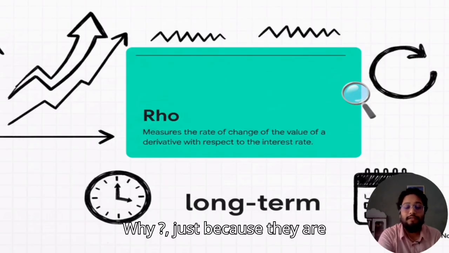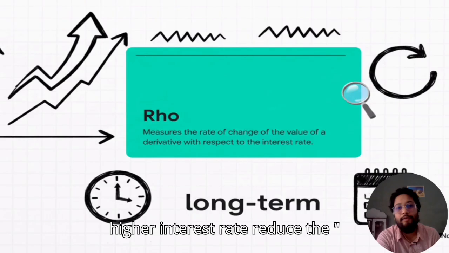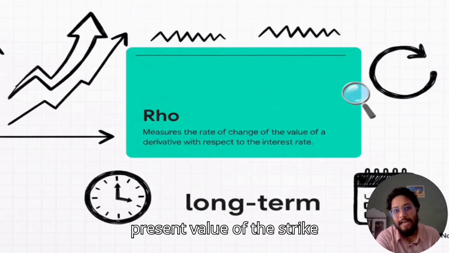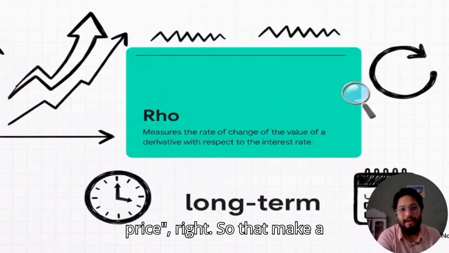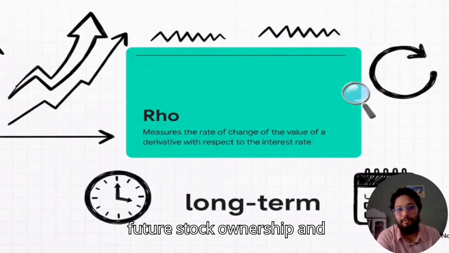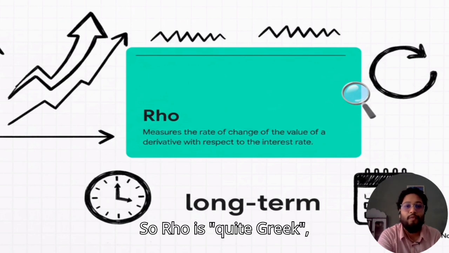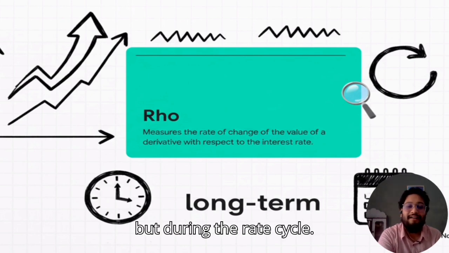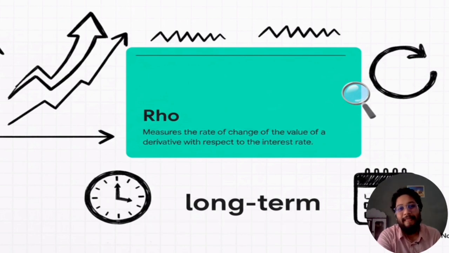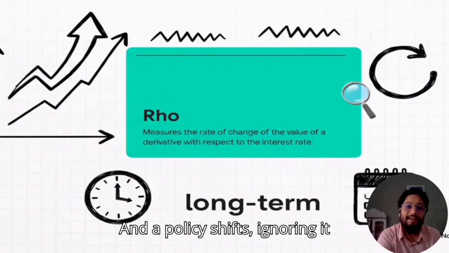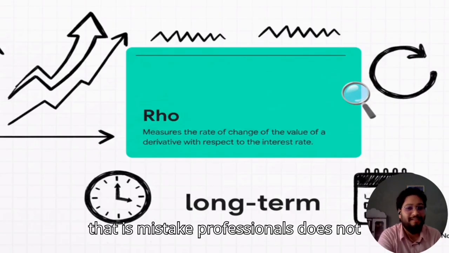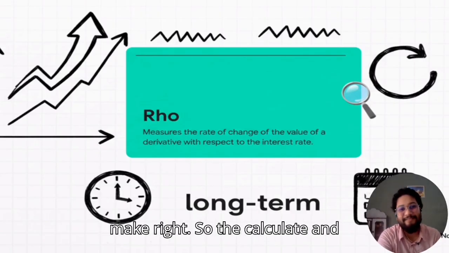Why? Because higher interest rates reduce the present value of the strike price, so that makes future stock ownership more attractive for calls, right? So rho is a quiet Greek, but during rate cycles and policy shifts, ignoring it is a mistake professionals do not make, right?